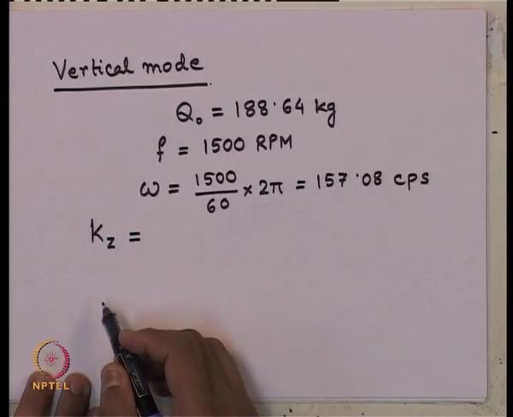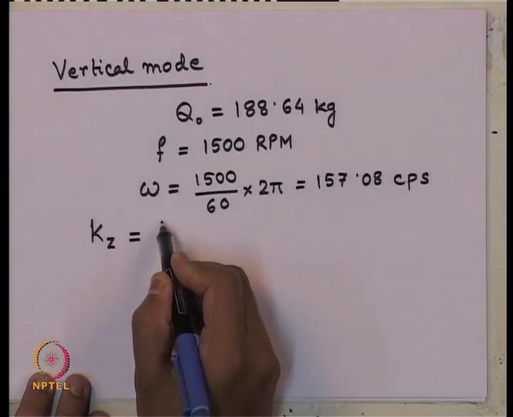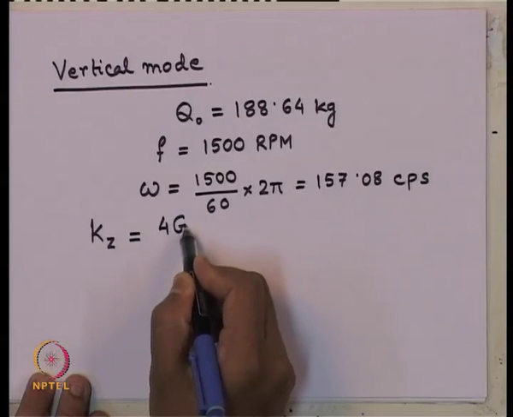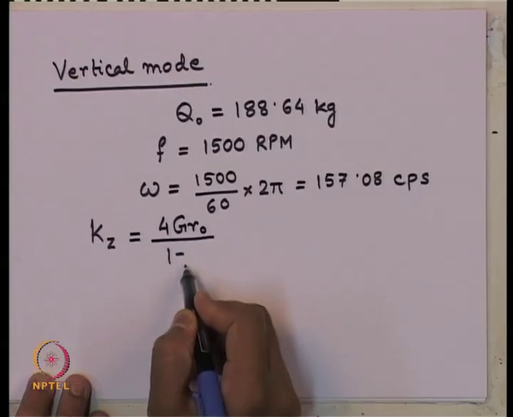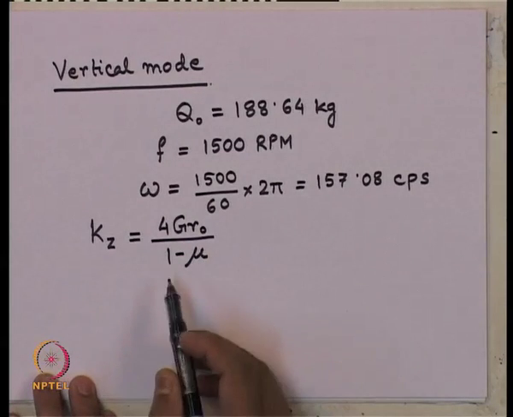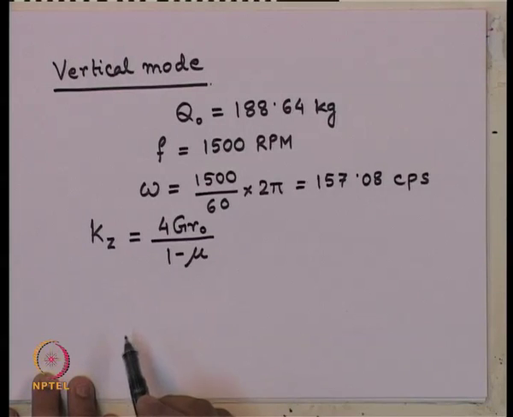That can be obtained either from a cyclic plate load test or using the expression for Kz as given by Timoshenko and Goodyear: Kz equals 4 G r naught by 1 minus mu.